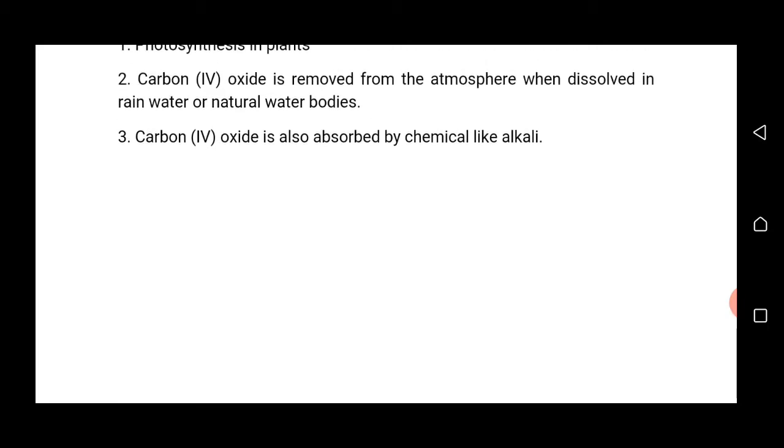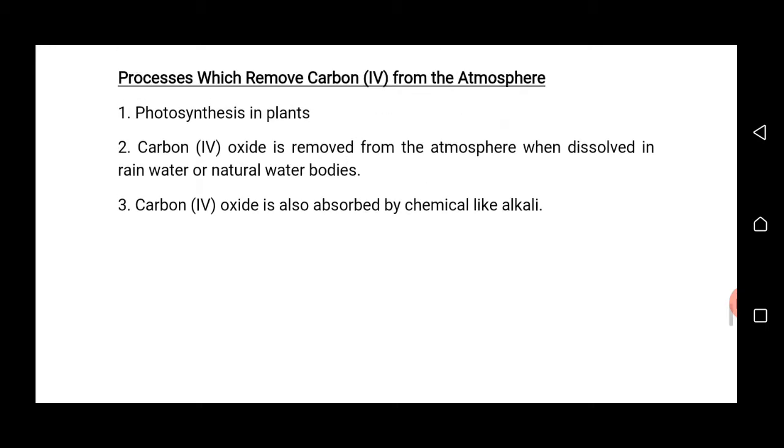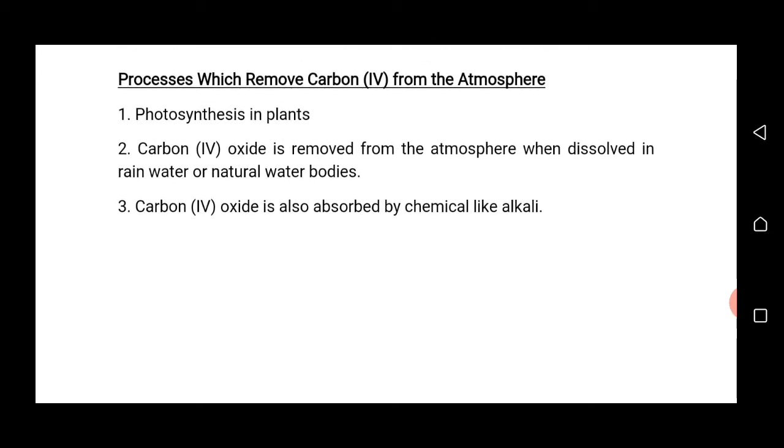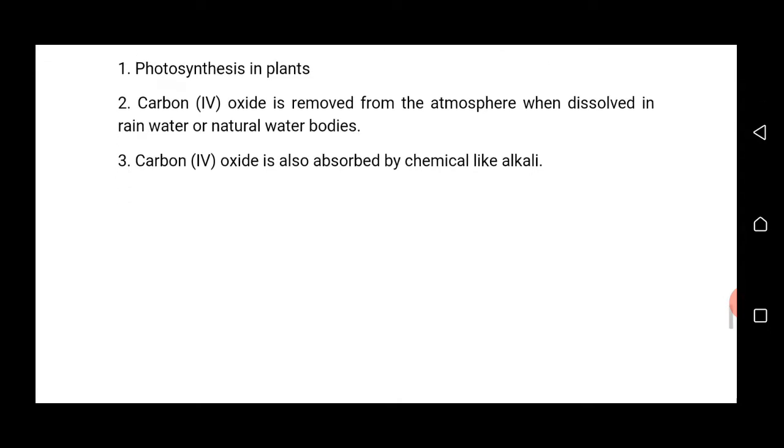So carbon dioxide is also absorbed by chemicals like alkali. Alkali is a CO2 absorber. So these are the 3 processes which remove carbon dioxide from the atmosphere.